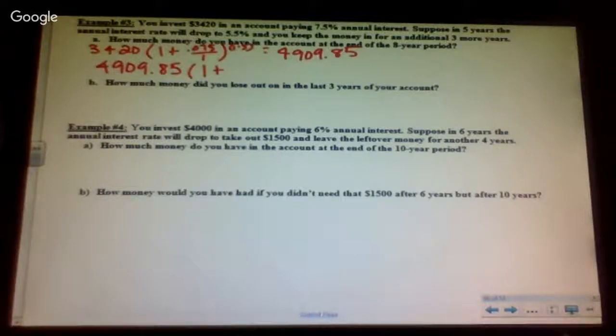1 plus 0.055, and we're doing it for 3 more additional years. How much money is in my account now?